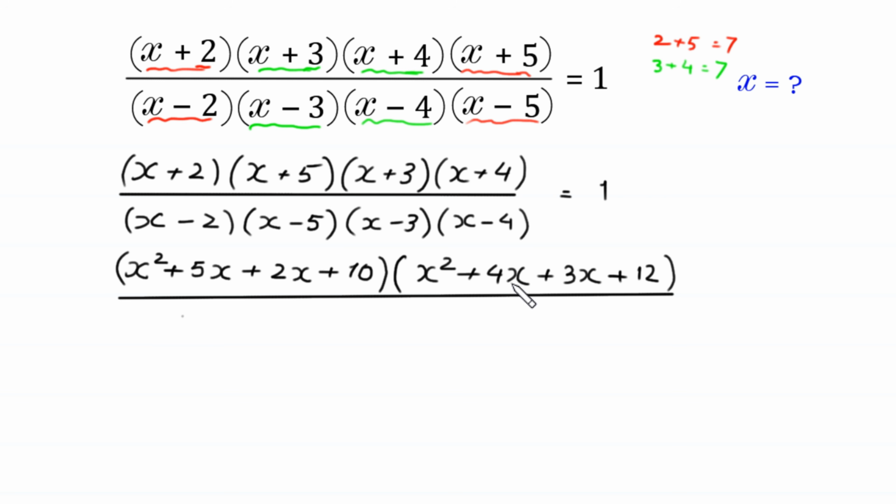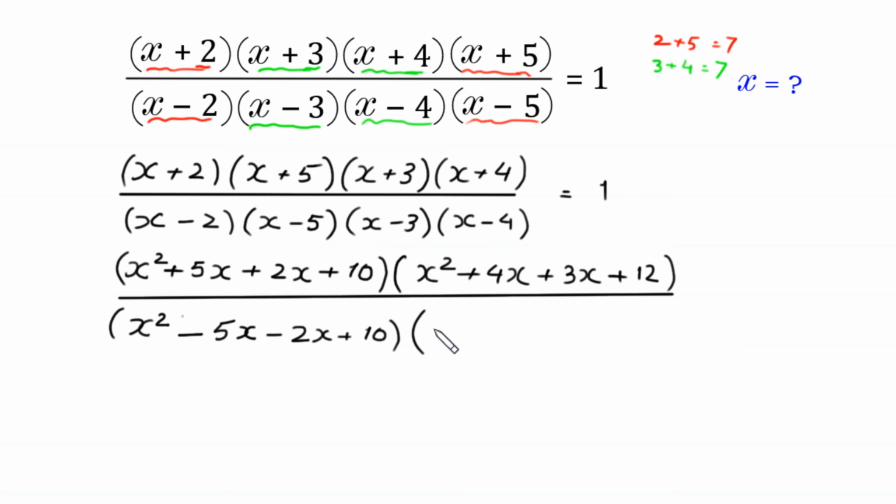Divided by, now we multiply this x minus 2 by this x minus 5. X times x, x squared, and x times negative 5, negative 5x, and negative 2 times x, negative 2x, and negative 2 times negative 5, plus 10, times, we multiply this x minus 3 by this x minus 4.